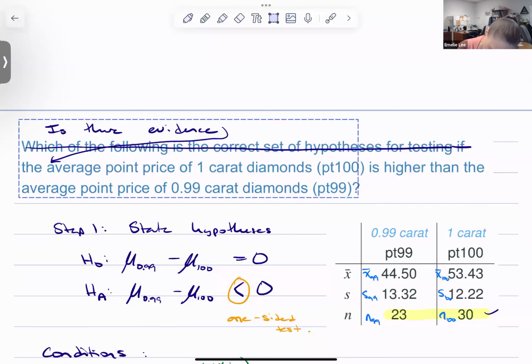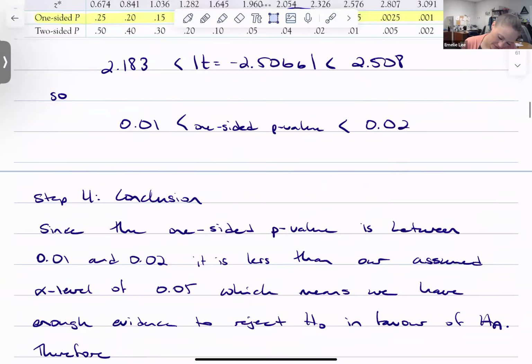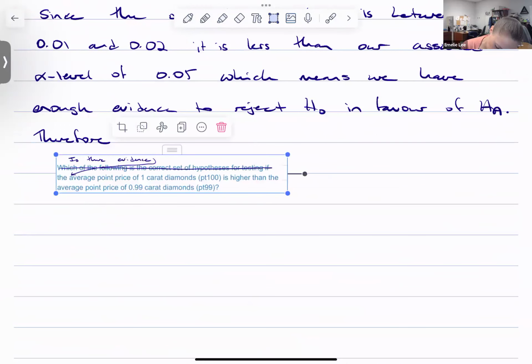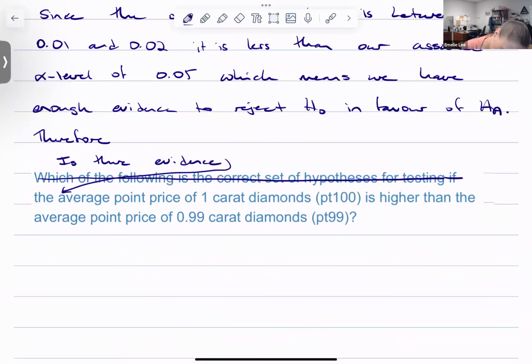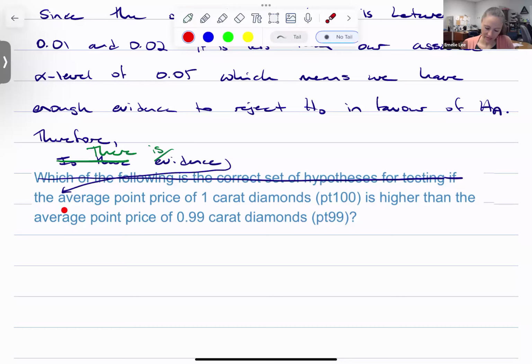Therefore, there is evidence that the average point price of 1 carat diamonds is higher than the average point price of 0.99 carat diamonds. Right? That's what that means. If I reject H naught, then that's what that means.